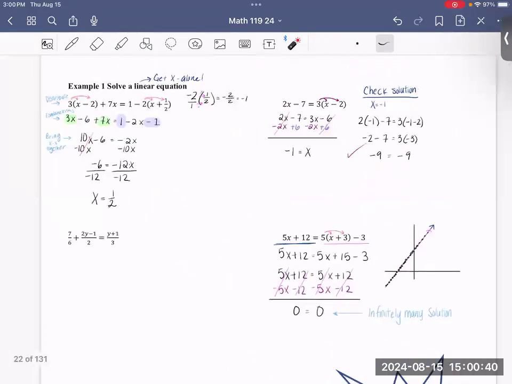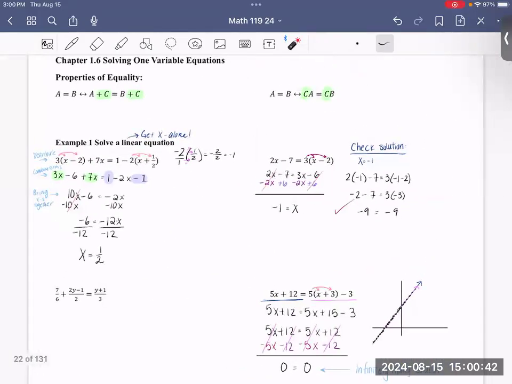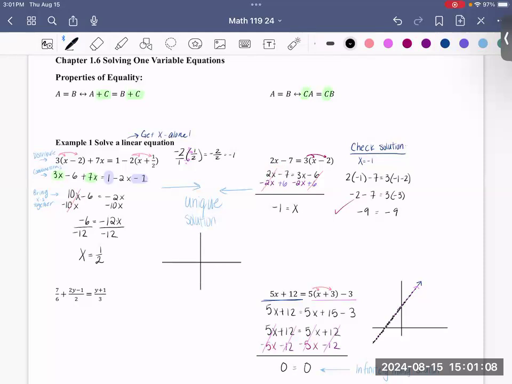Now, the other ones that we've been working with so far, where x is equal to 1/2 and x is equal to -1, these are called unique solutions. A unique solution occurs when we have two lines that intersect.